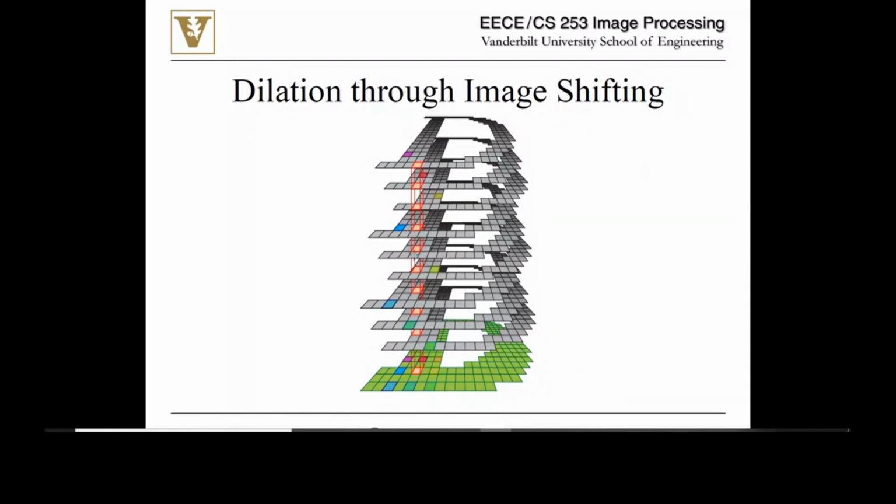I have to shift my input image to the location of the support of the kernel. So I shift my input image to this location, to this other location, and so on. And then you add all of those, add in the sense of union.